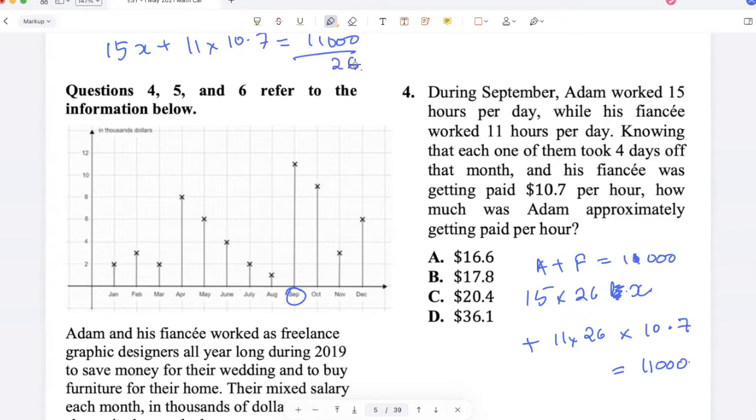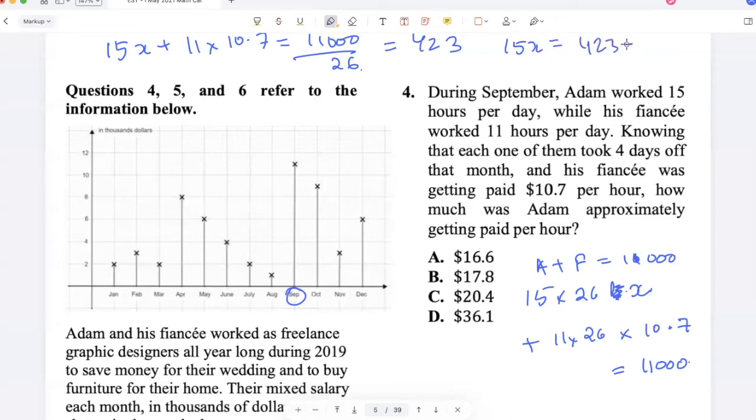So let's plug that in. 11,000 by 26. So that's 423. So 15x would be 423 minus, what is 10.7 into 11? 117.7.